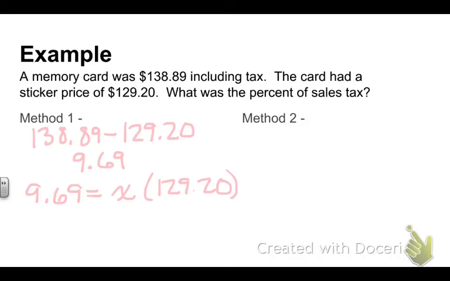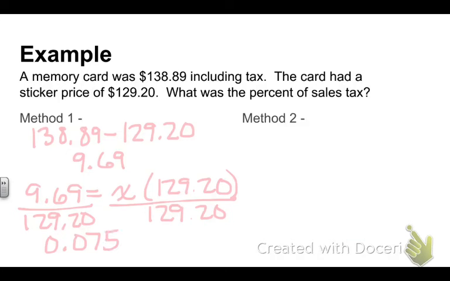If X is being multiplied by 129.20, divide by 129.20 on both sides, and what you are going to get is 0.075 equals X. That's your percent. Change it to a percent, multiply it by 100, convert it. It's going to be 7.5% sales tax. That's what you paid on sales tax.